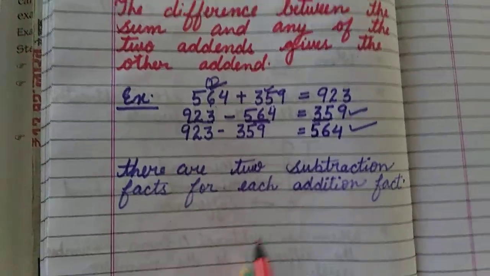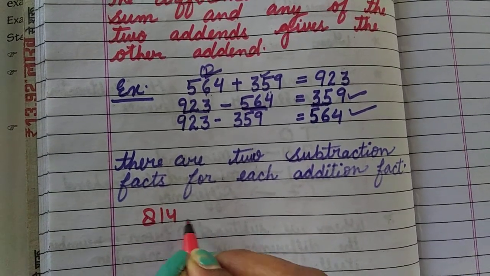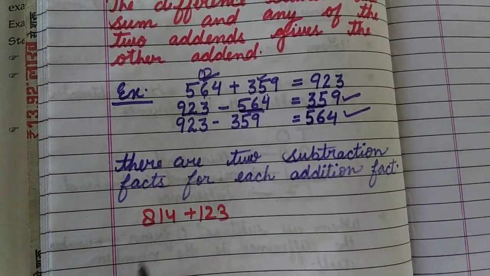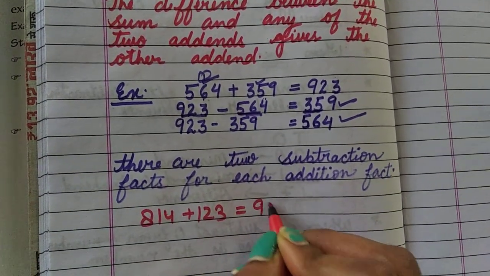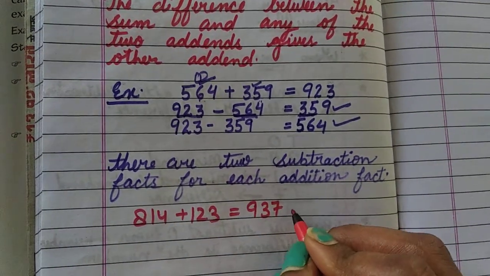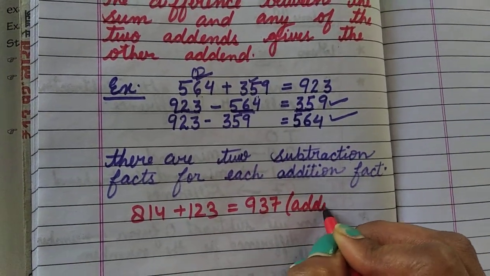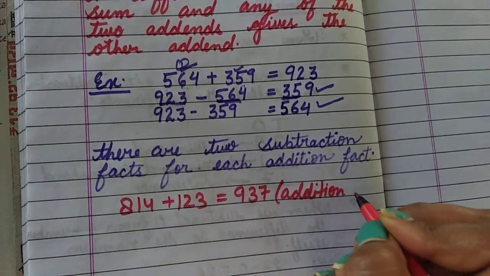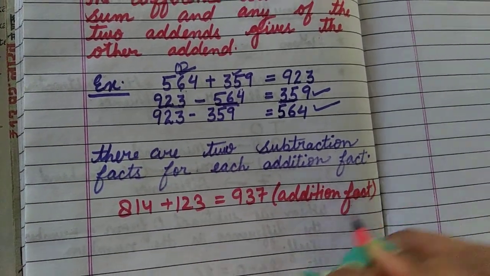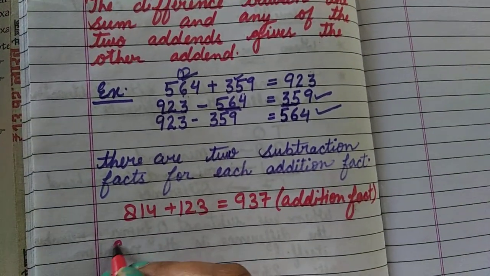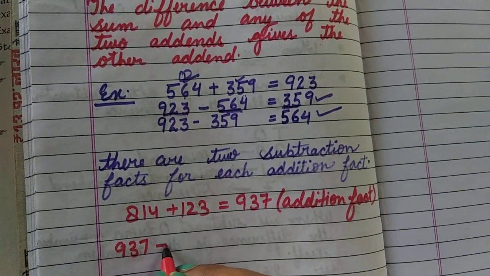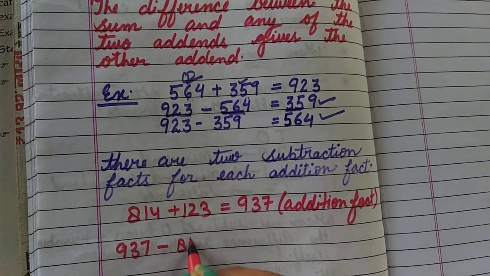Like, say, for example, 814 plus 123 gets 937. This is an addition fact. So as we write, this is 937 minus 814.